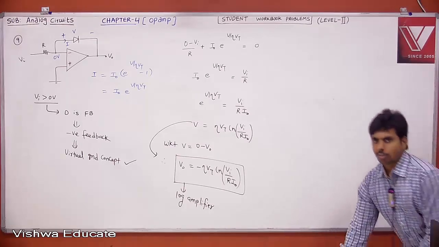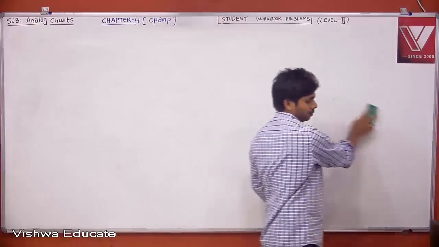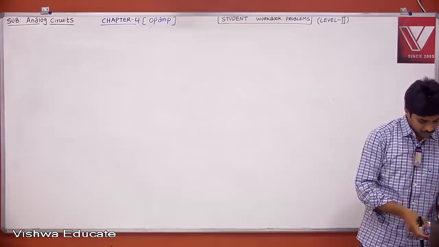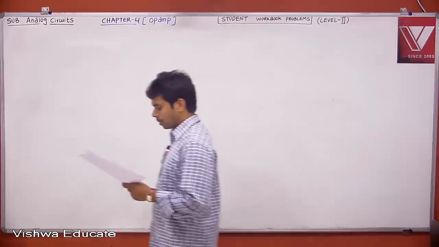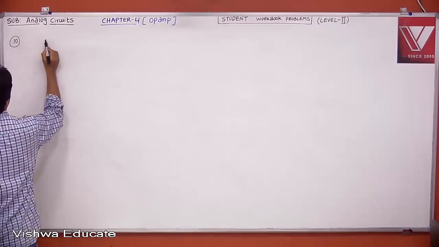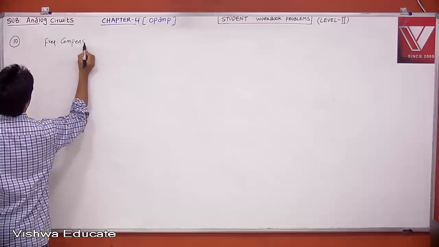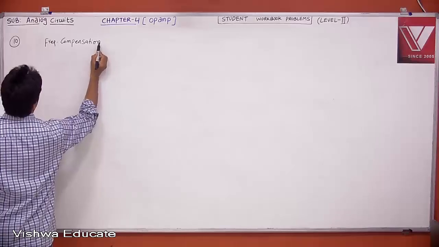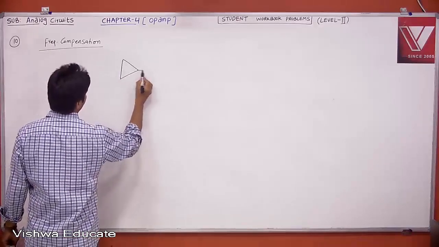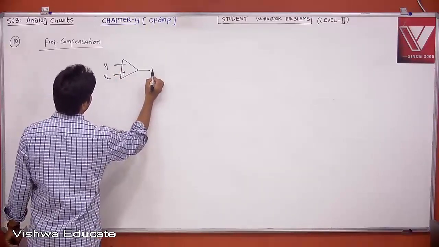Done? Okay. Now problem number 10. The frequency compensation is used in an op amp to increase... This is what is called frequency compensation, or pole compensation, or pole splitting. If you take your op amp block diagram, this is V1, this is V2, minus and plus, and this is your V0.